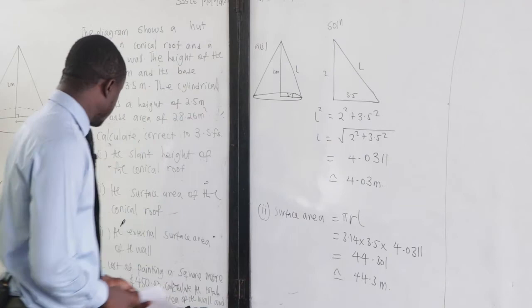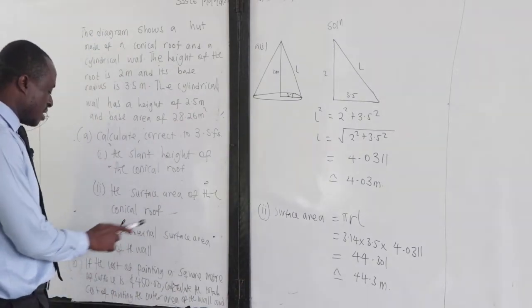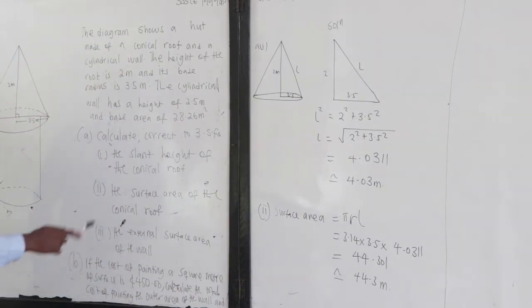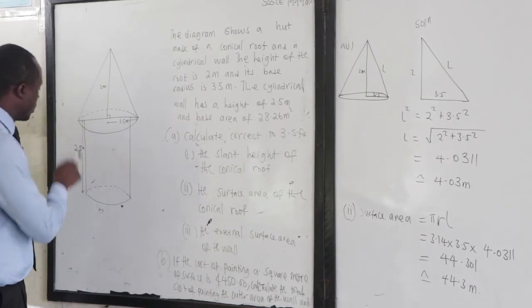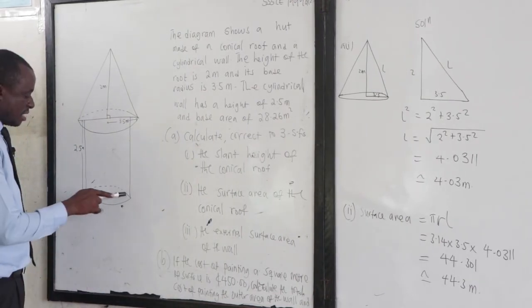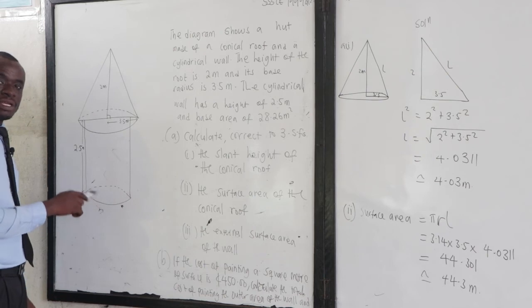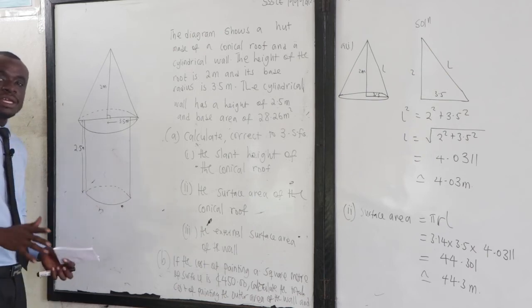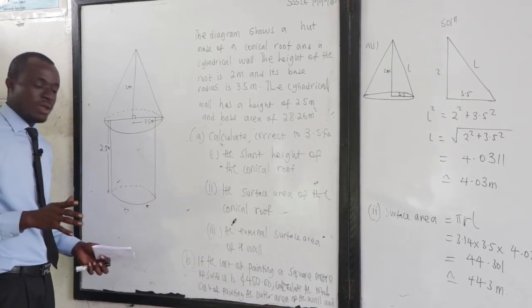Now, the third one says the external surface area of the wall. Here we can see the inside part, but it's not talking about the inside part. It is talking about only the external surface area.